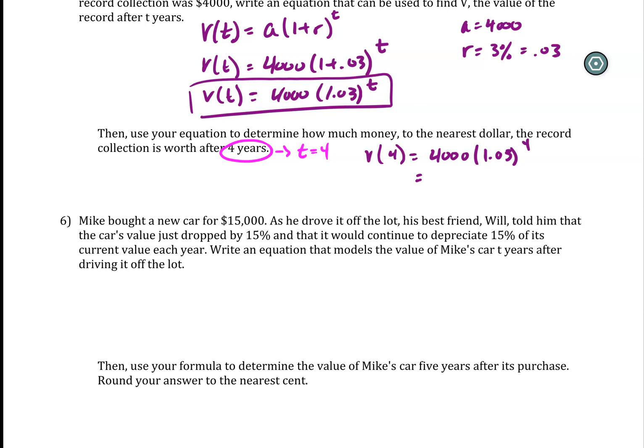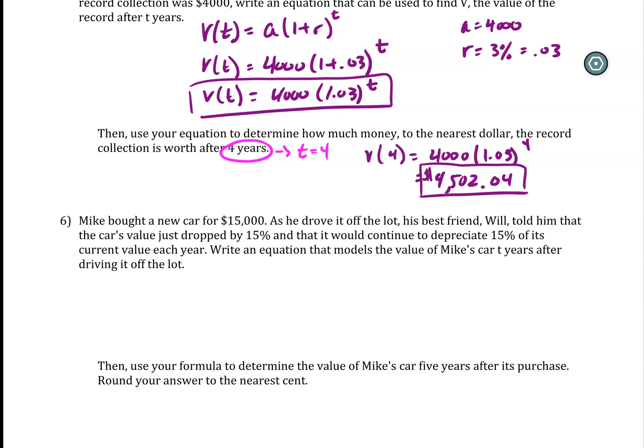But I've got here a value of 4,502, and it's money, so we've got 4 cents. Don't forget your dollar sign, and that would be the value of this record collection after 4 years.